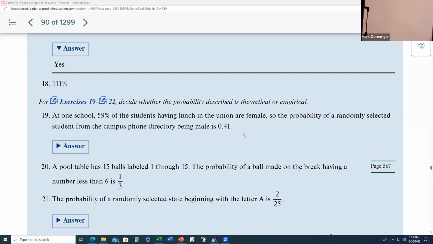Do you think the way they computed this probability of 0.41 is based on an equal likelihood model, a theoretical way, or maybe the relative frequency way, the empirical way? What would be your guess, if you had to lean towards one or the other?